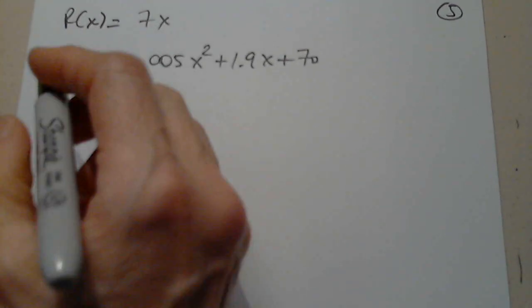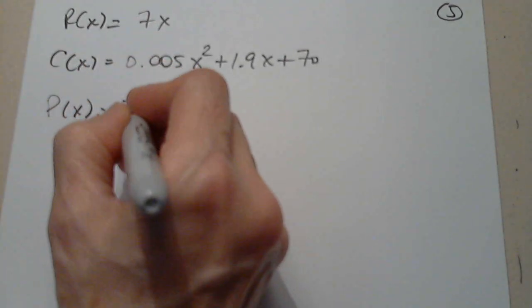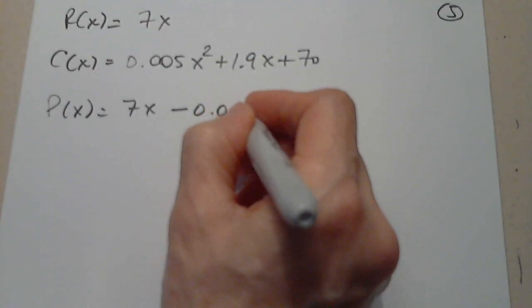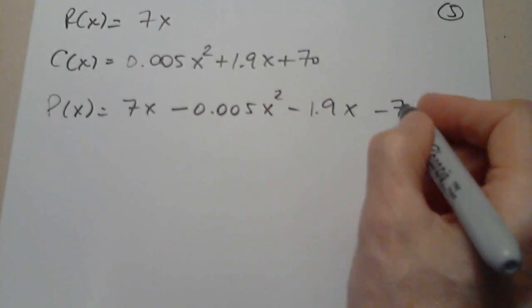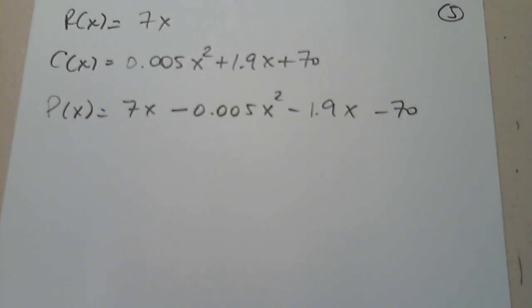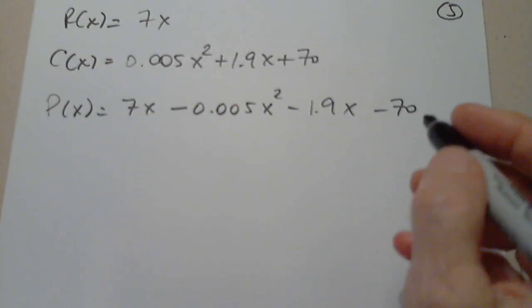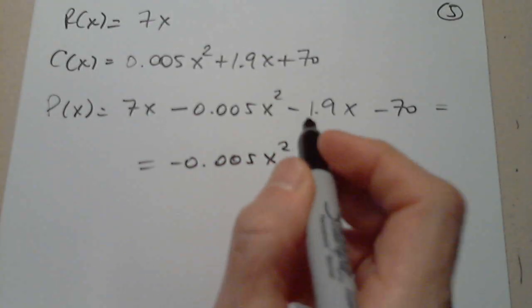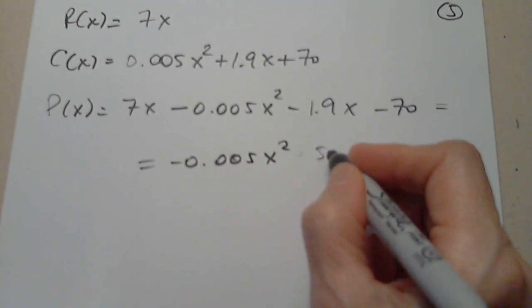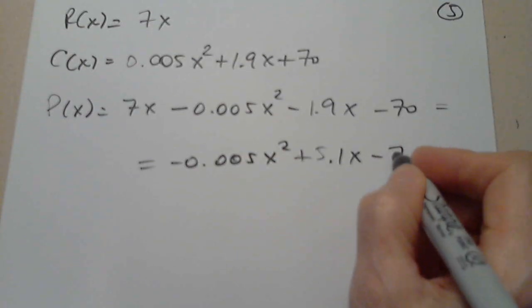Good. So the profit function, please remember it's 7x minus every piece in C of x. Every piece, every term from C of x has to be subtracted. And yes, I will combine my terms when possible. And then I have plus 5.1x minus 70.